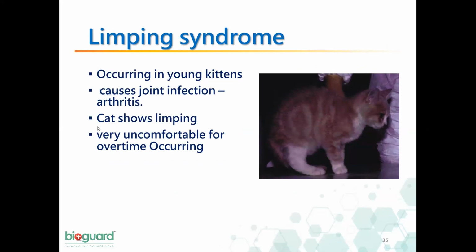How it was identified that the kittens start limping because of this infection is that the fluid in the joint area was seen to contain feline calicivirus. So that's how the limping syndrome was associated with feline calicivirus, which is causing a very uncomfortable situation for the kitten at the time.